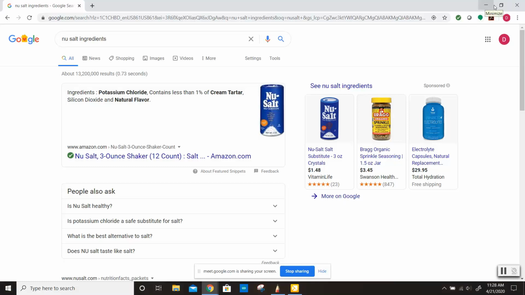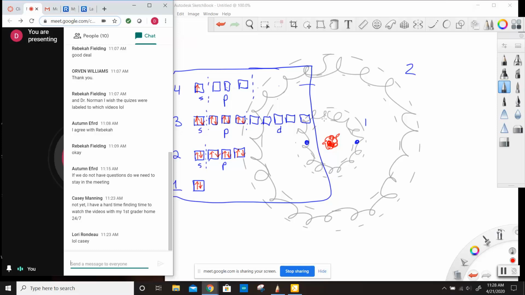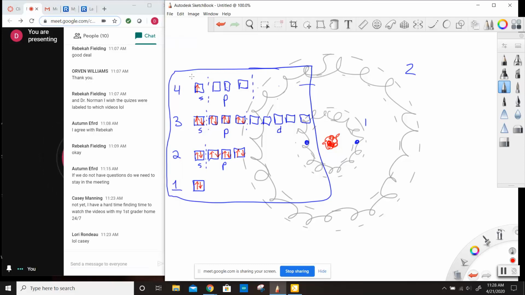So we have sodium chloride as table salt. Potassium chloride is salt substitute. The idea is that both of them, look at what we just did. We just made potassium here, right? With all of our electrons filled up to the n equals 4 level.